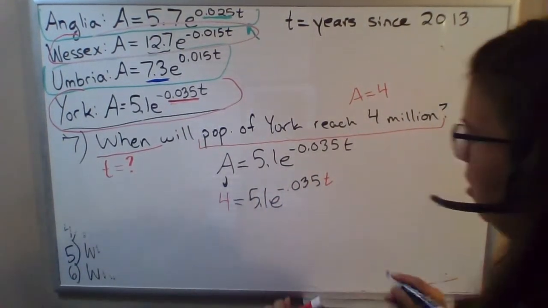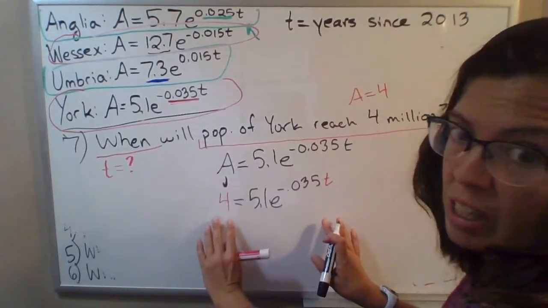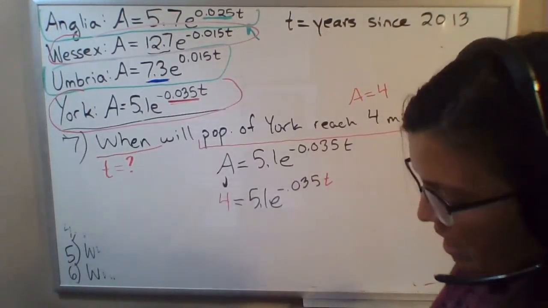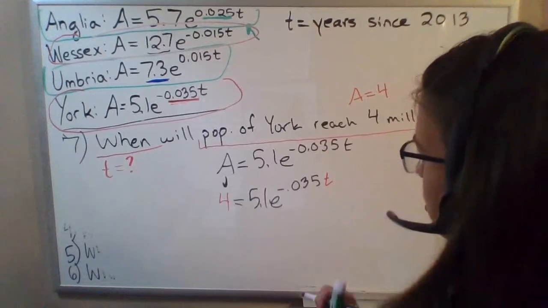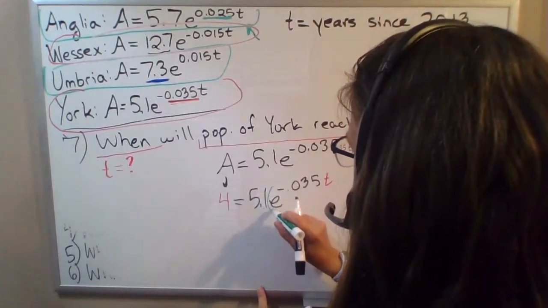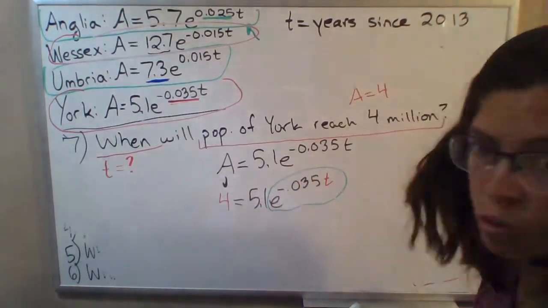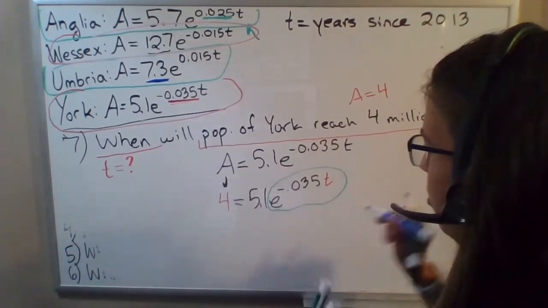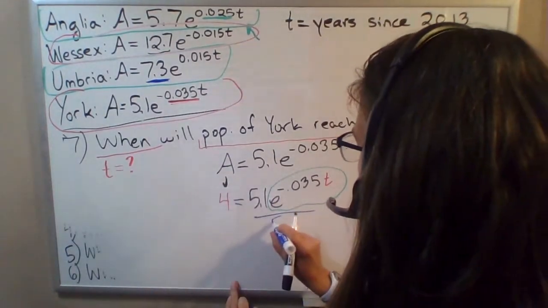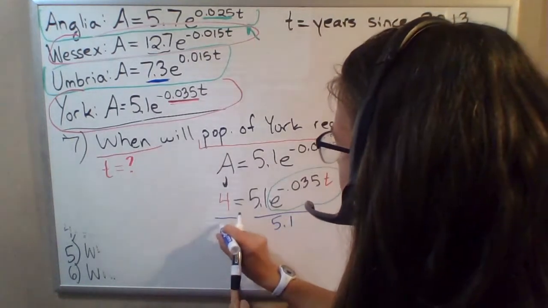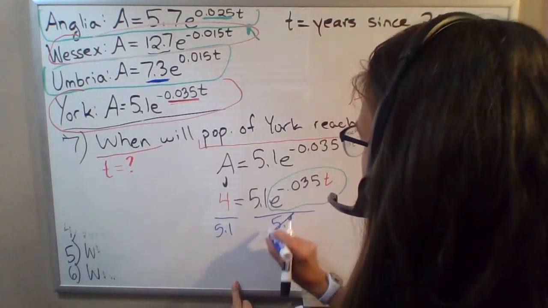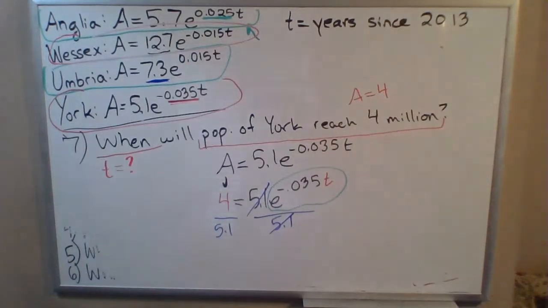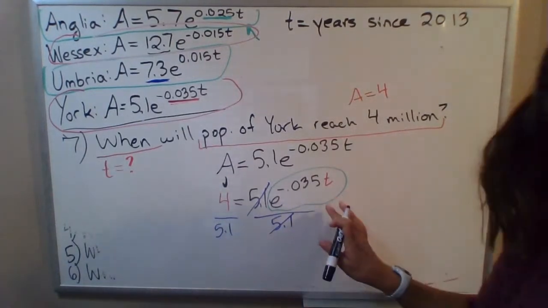All right. The first thing in solving an exponential equation like this is to get the exponential expression, this part here, by itself. So first focus on isolating the exponential expression. I'll do that by dividing both sides by 5.1. That cancels this coefficient, and now we've got the exponential expression by itself.